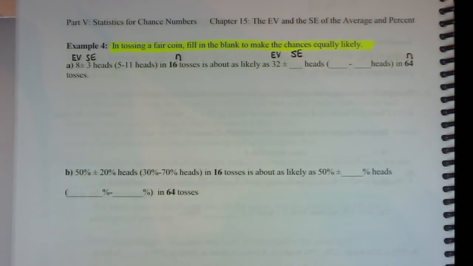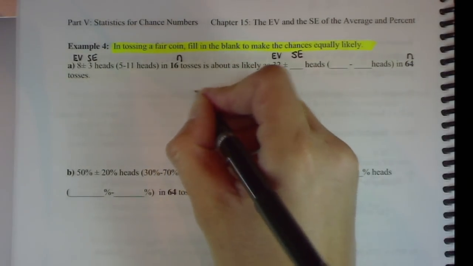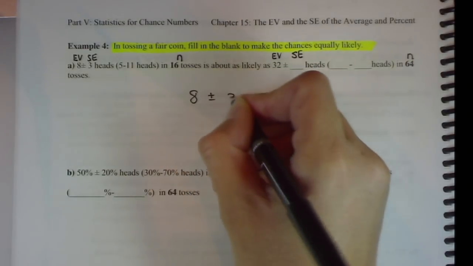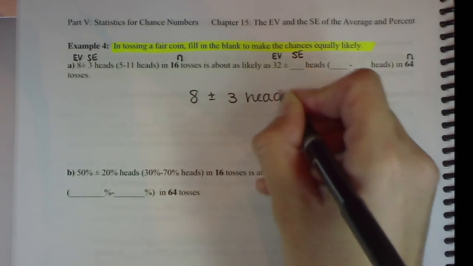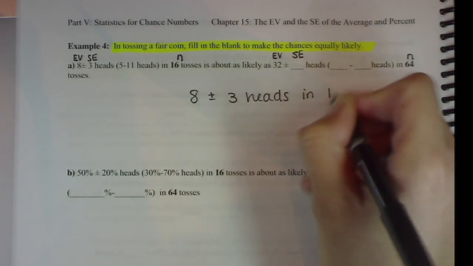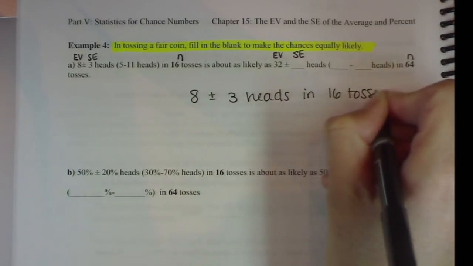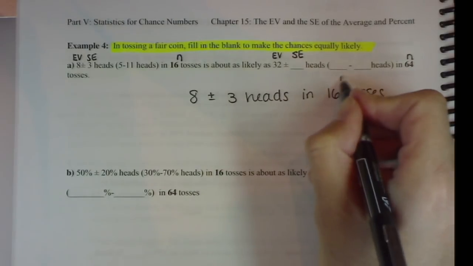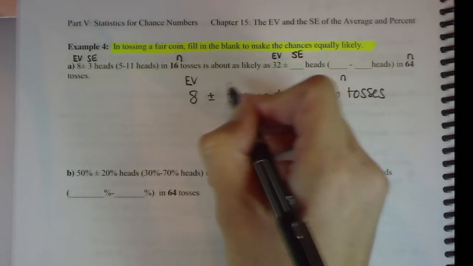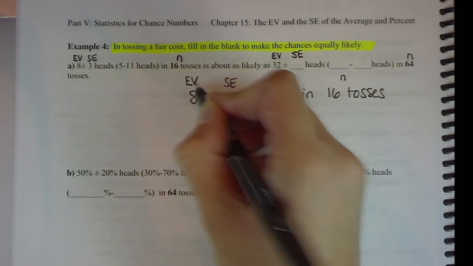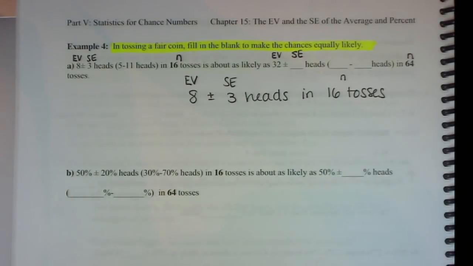So they want us to fill in the blank with the standard error to make the 2 scenarios have the same probability. So what I always like to do is write this out. I have 8 plus or minus 3 heads in 16 tosses as my first scenario. So this is my n, this is my expected value, this is my standard error.